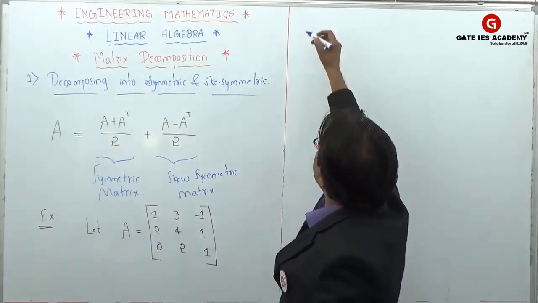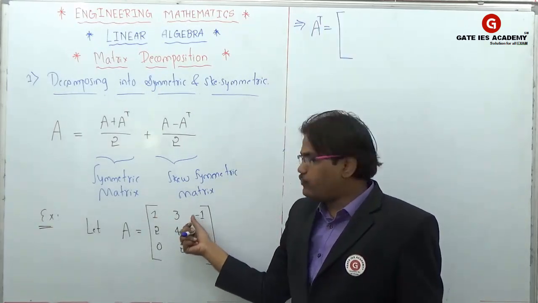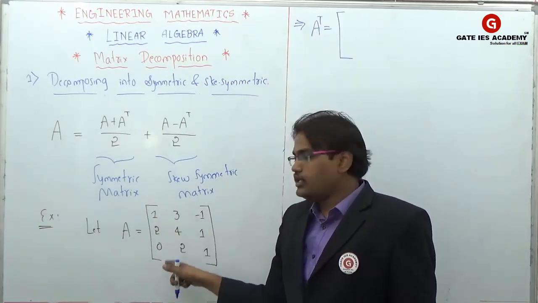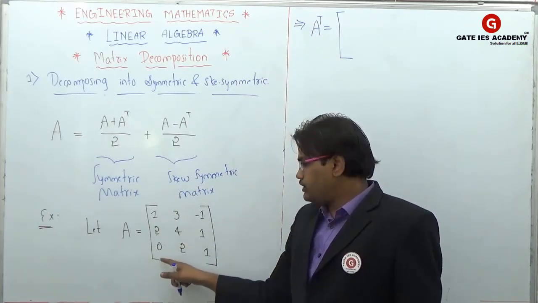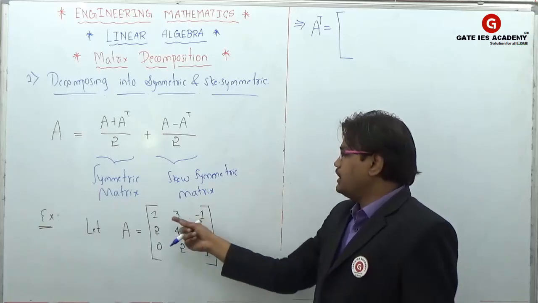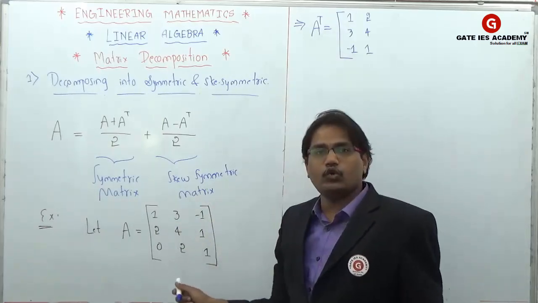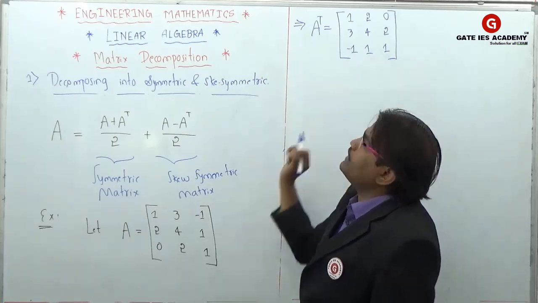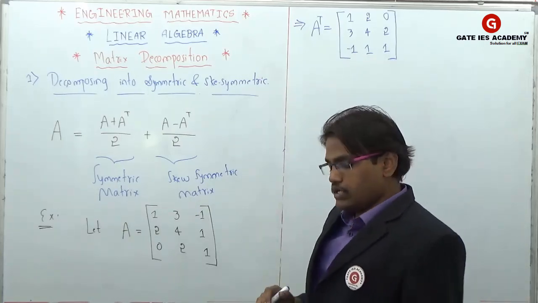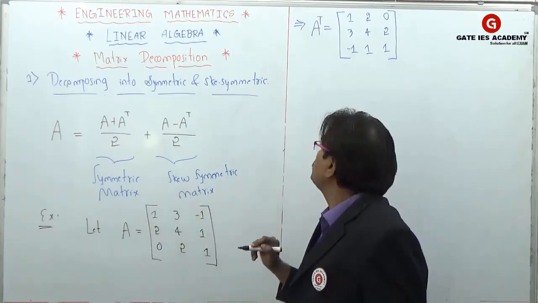The first row is written as the first column, the second row as the second column, and the third row as the third column. That is the transpose: 1, 3, minus 1; 2, 4, 1; and 0, 2, 1. So this is A transpose.